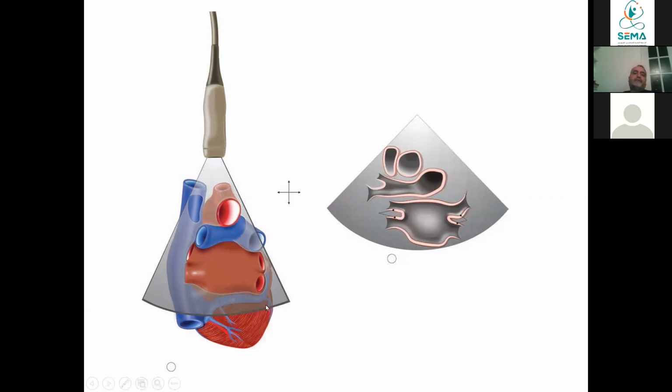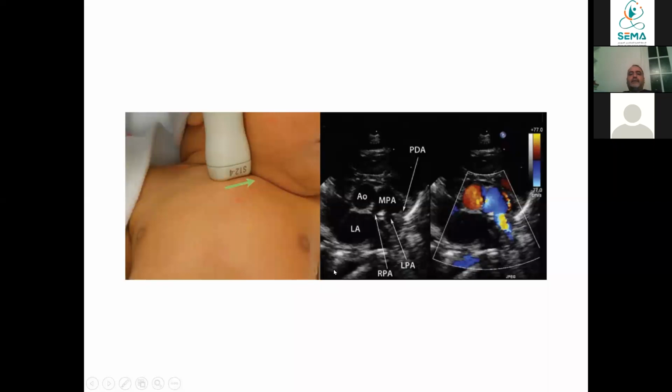And the relation, as you see from anatomy and as you see from the cut, this is the crop view. So in the crop view, you'll see the left atrium and left pulmonary artery, right pulmonary artery, and the relation.